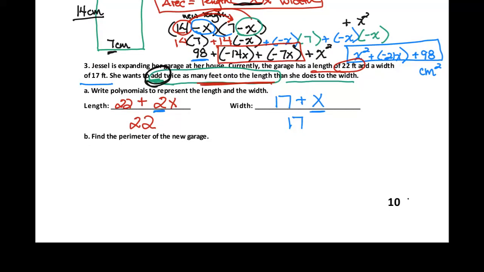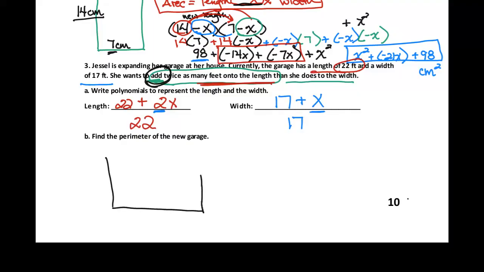All right, letter B says, find the perimeter of the garage. Well, what shape is this garage to begin with? Is it a circle? A triangle? A square? A rectangle? What is it? Rectangle. So here's the garage.